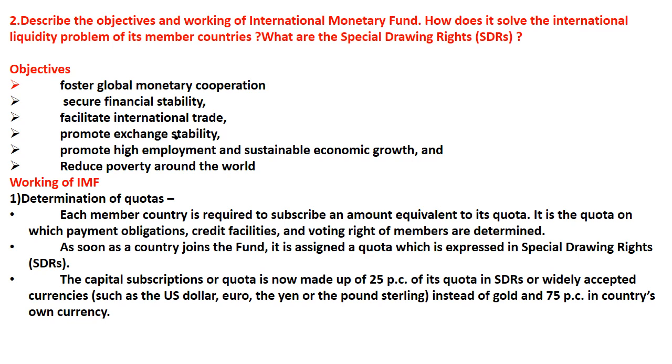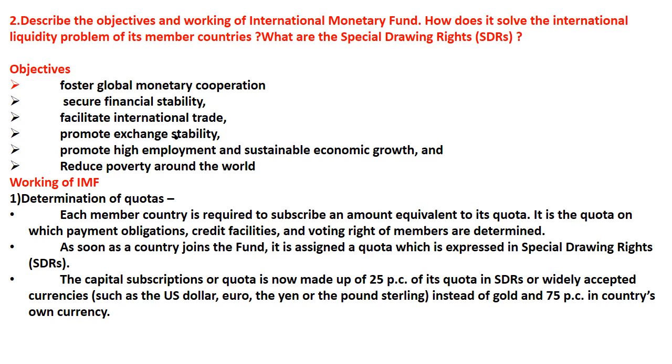Capital subscription or quota is now made up of 25% of its quota in SDR or widely accepted currencies such as US dollar, euro, yen, or the pound sterling, instead of gold, and 75% in the country's own currency.